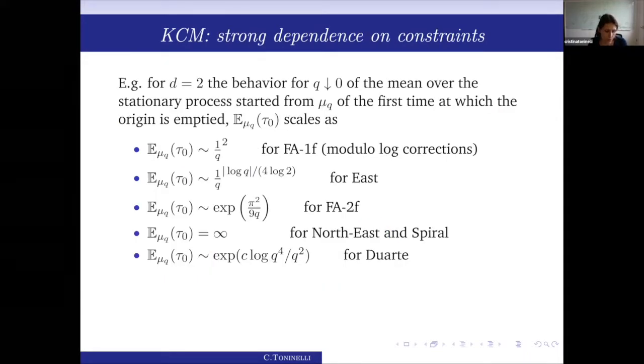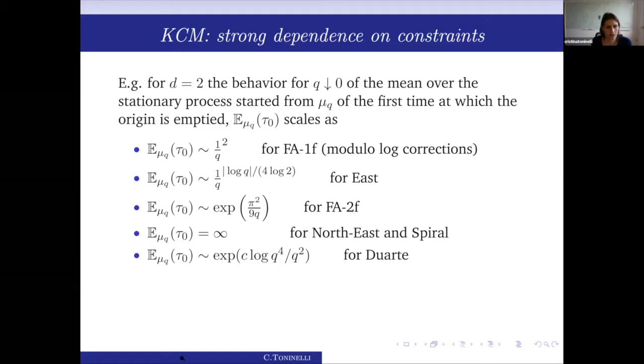Okay, so in order to give you an idea of the fact that this scaling is strongly dependent on the choice of the constraint, I have here written the scaling when the density of empty sites q goes to 0 for one of the best quantities to quantify the time scales for the equilibrium process, started from the equilibrium measure, which is the first time at which a given site, say the origin, is emptied, what I call tau 0, or infection time, which is the same, the first time at which the origin is emptied.